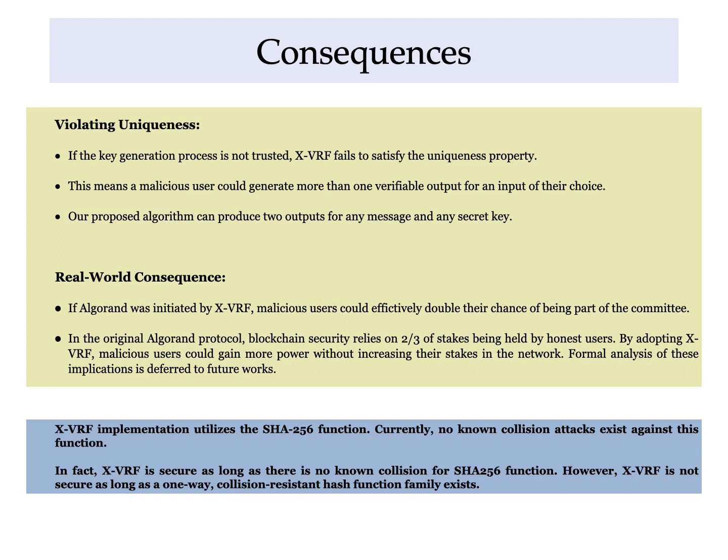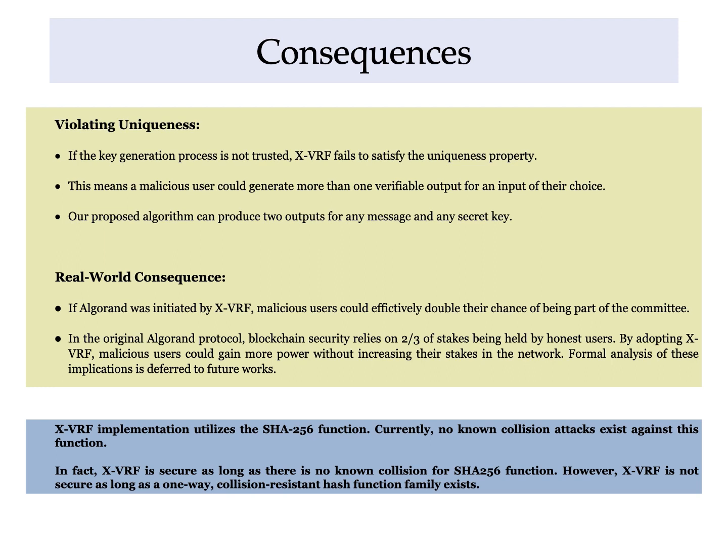There are some implications in the real world in Algorand, because X-VRF is developed for Algorand, and in Algorand users are not trusted. It's a permissionless blockchain, and anybody can join and participate in block generation. There is no control on key generation of the users, so malicious users can calculate more than one output.